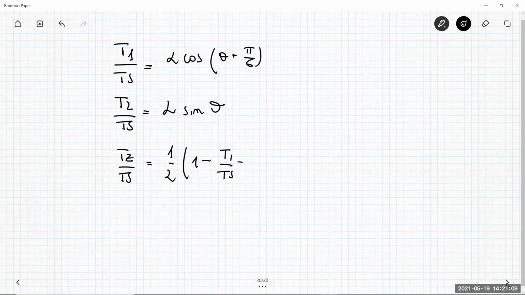So T1 over Ts and T2 over Ts have been computed here.